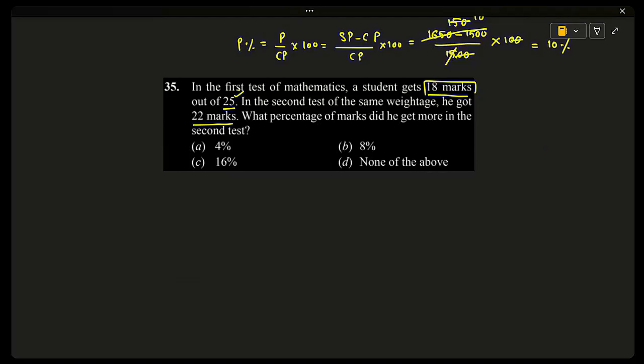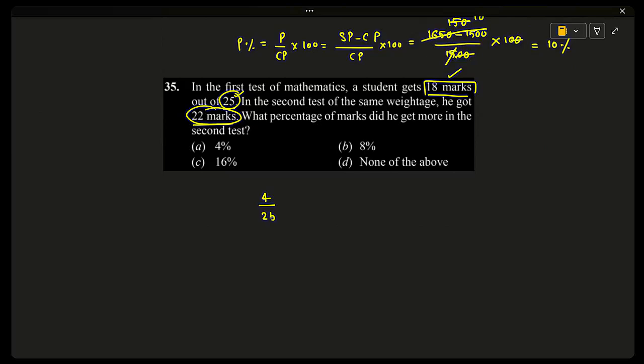They are not asking the number of marks, they are asking about the percentage. First test he got 18, second test he got 22, so the difference will be 4. So 4 marks more. But they are not asking the marks, they are asking the percentage. 4 you have to compare with the total marks. The total marks are 25.